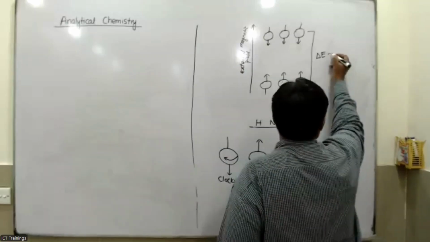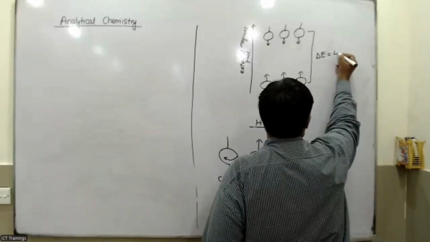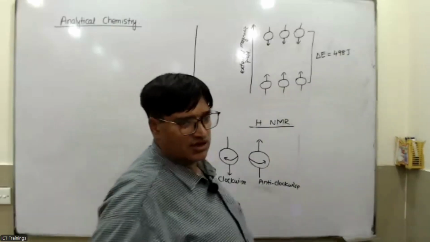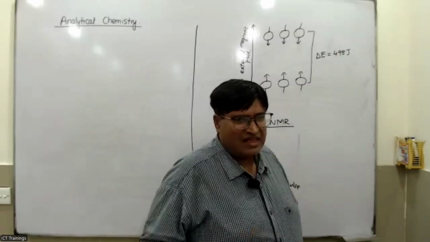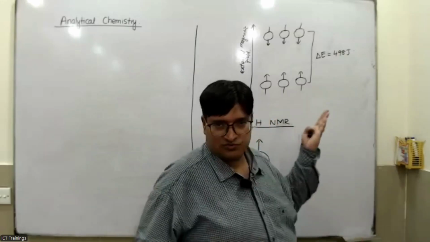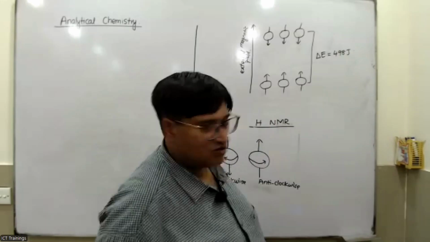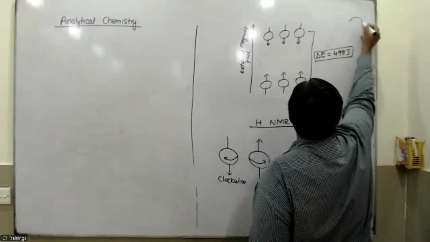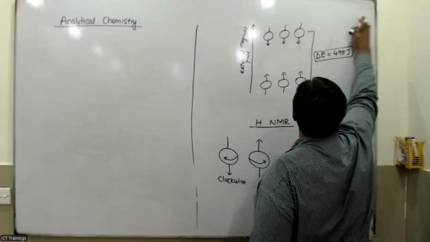Let's suppose this delta E value is 498 joule. I'm just going to suppose it, it's not an accurate value. Now this range of delta E comes in the range of radio waves.